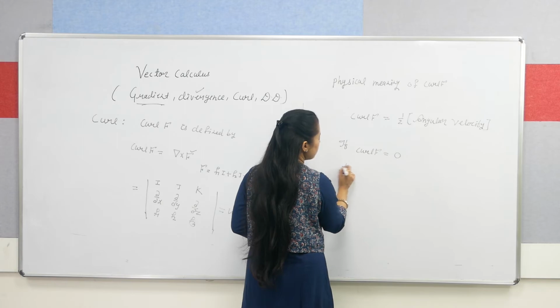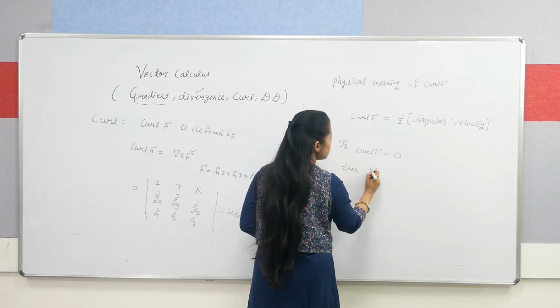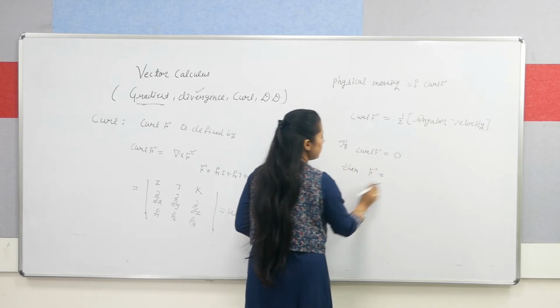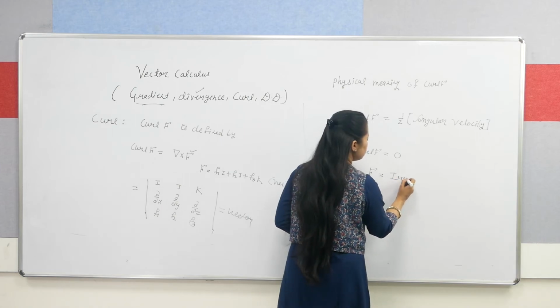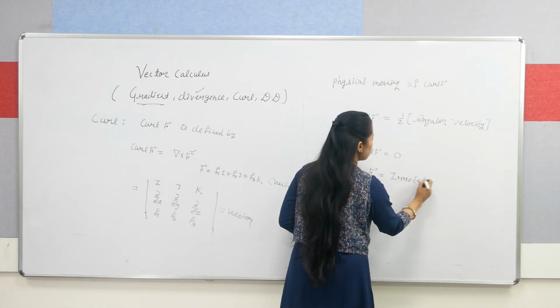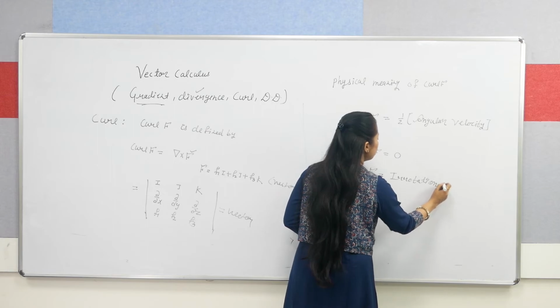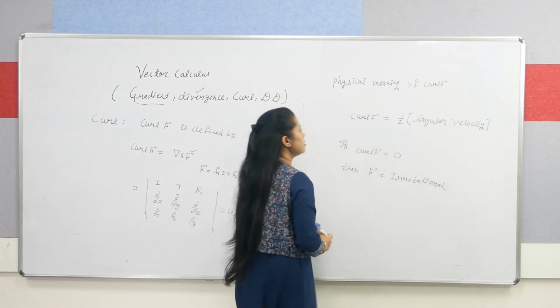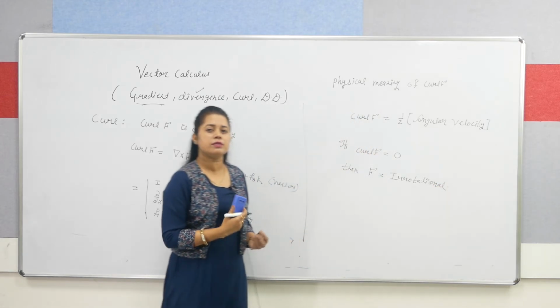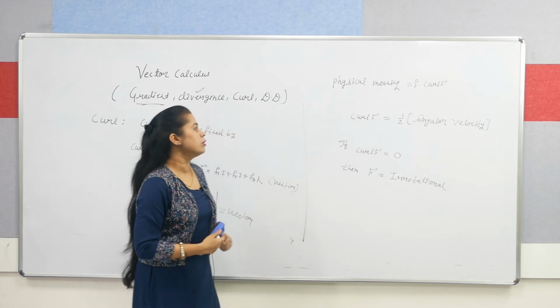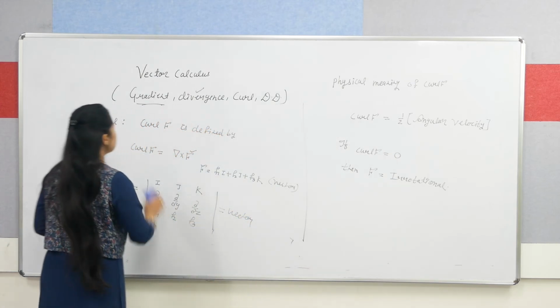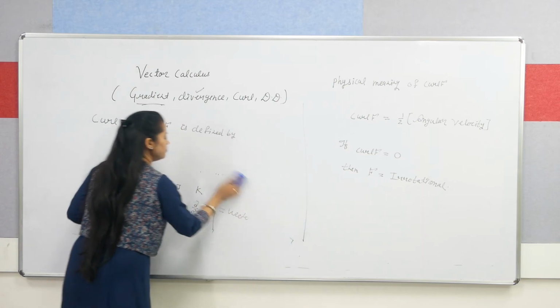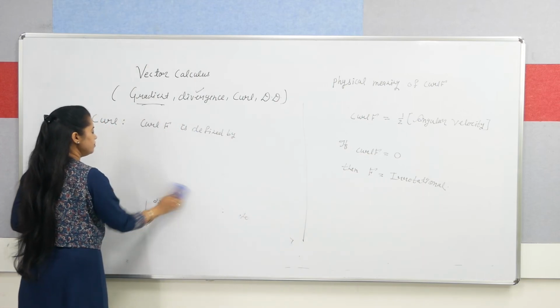Therefore F is known as irrotational. So if we have to prove that any function is irrotational, we have to show that its curl is 0. So this is all about curl, and later we will solve some examples of curl in this video.